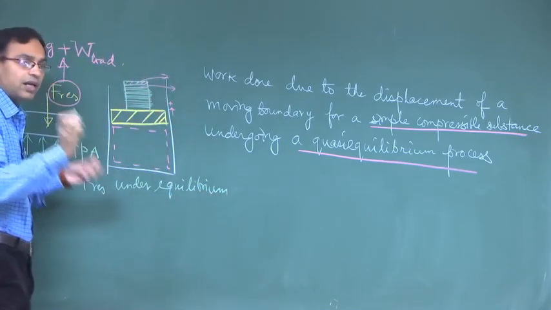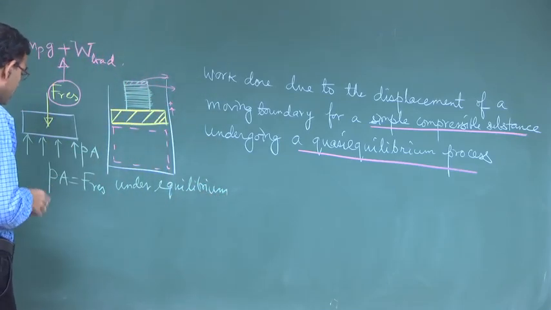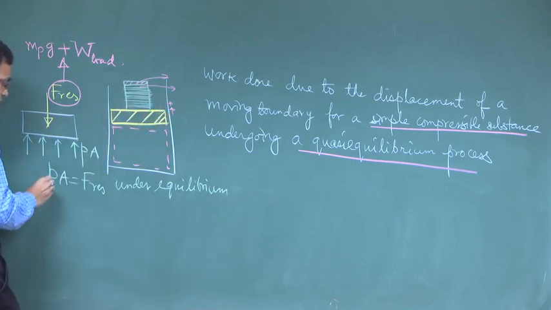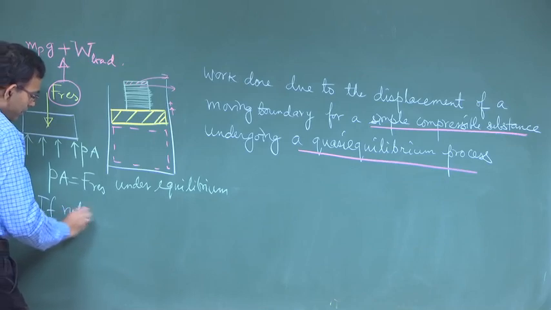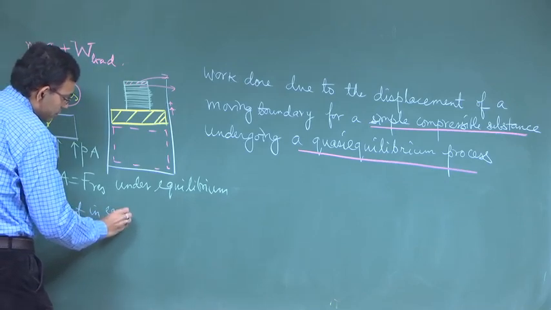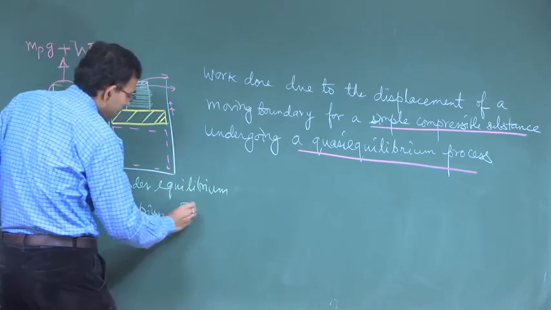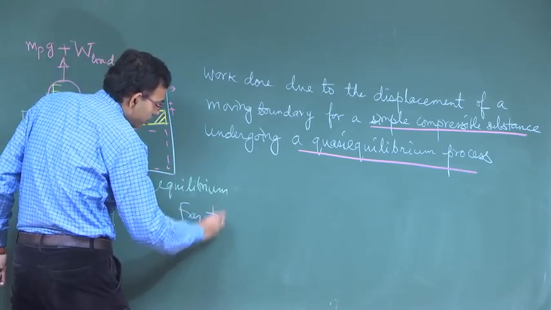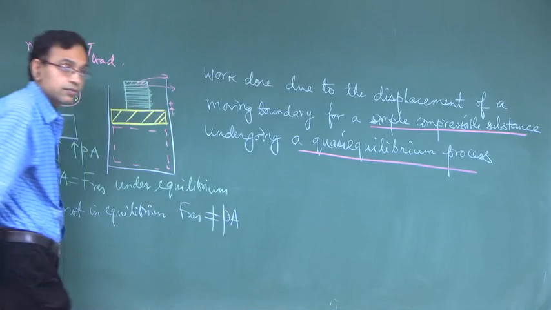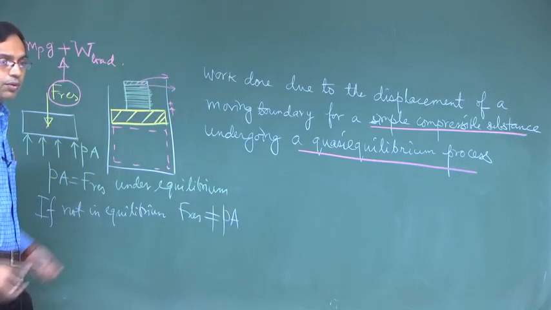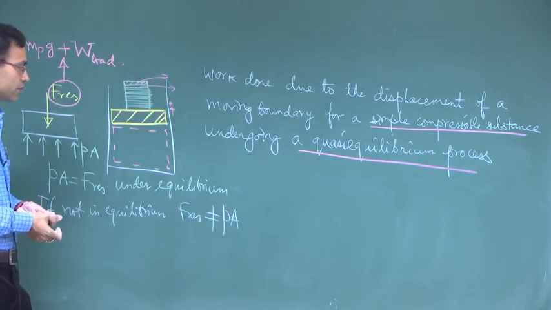If it is not in equilibrium, that is if it is not a quasi equilibrium process, F resistance is not equal to P into A. Okay? There will be a net unbalanced force.